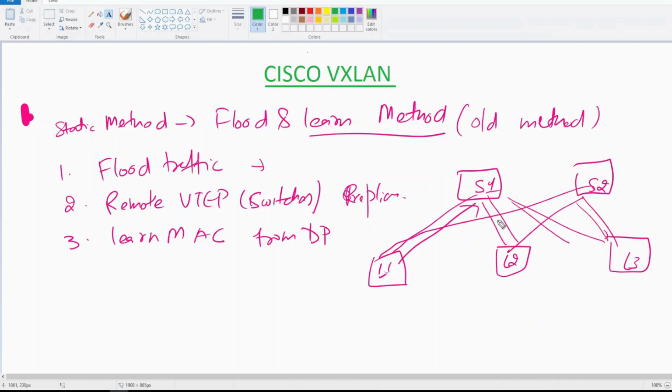When the packet reaches leaf 2, which is the VTEP, it will reply back with the answer. Okay, I have this MAC address, and what it does, it will learn the MAC and store it in its table. So this is kind of a flood and learn method. Firstly we are doing the flooding, and then VTEP leaf 2 is learning the MAC address of the other host.